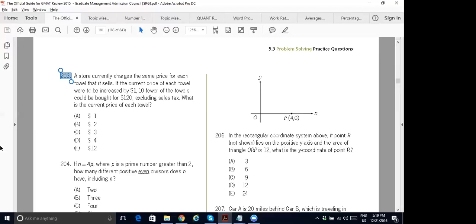So P into N is 120, and P plus 1 into N minus 10 is 120. Correct. And the question is, what is P?